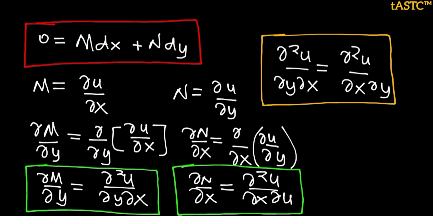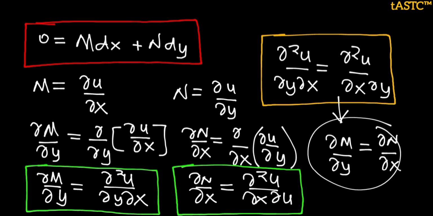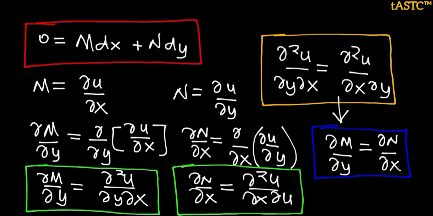And because we have it this way, we're therefore going to say that partial M partial y is equal to partial N partial x. Now you need to understand, this is actually the condition that makes a differential equation exact. So you really need to take note of this. This is very useful. We're going to try some questions under this topic to find out how it works.